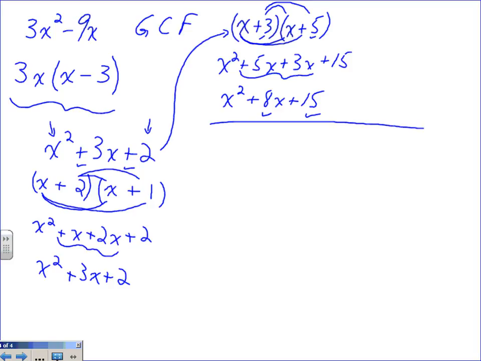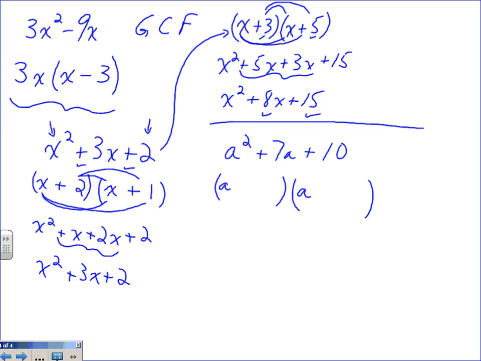Let's take a squared plus 7a plus 10. We're going to make our two parentheses. And then we're going to put an a and an a, because a times a is a squared.